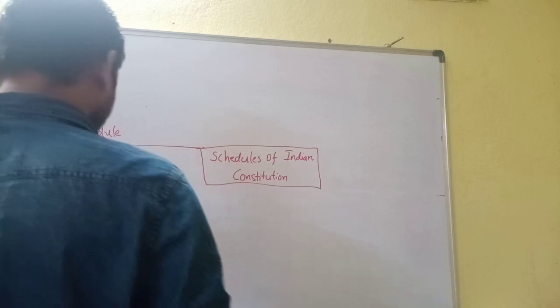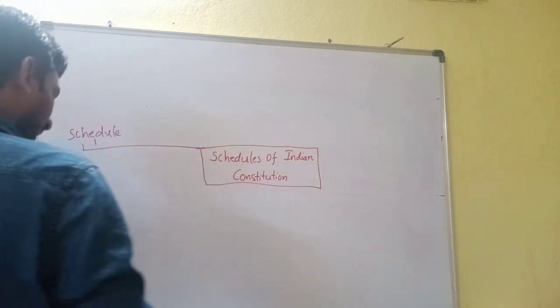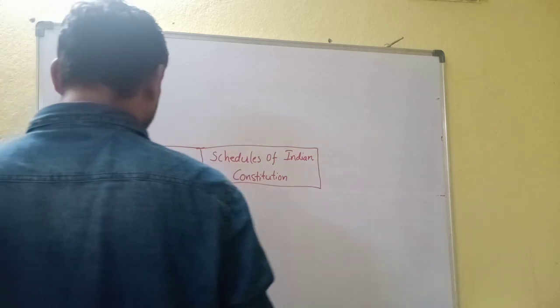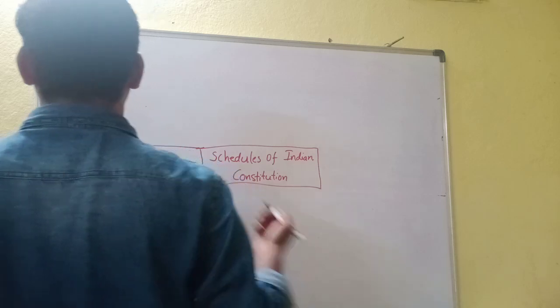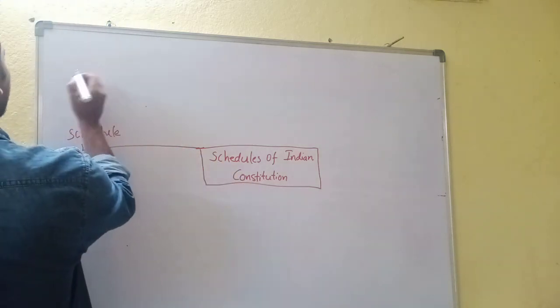Schedule 1 tells about the names of states and their territorial jurisdiction, and the names of UTs and their extent. It covers 2 articles.